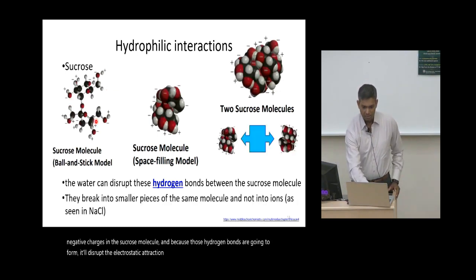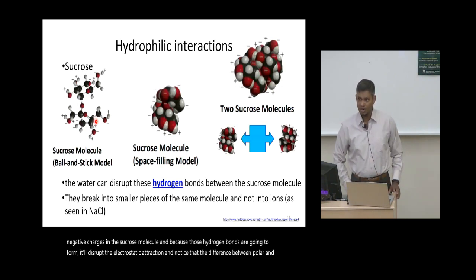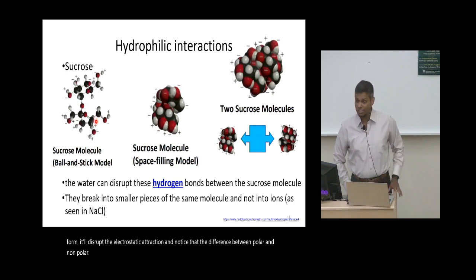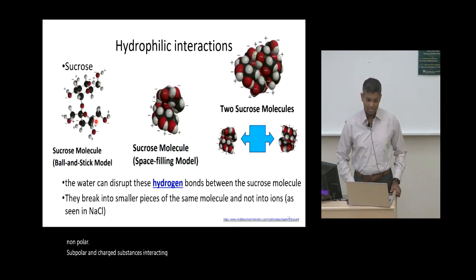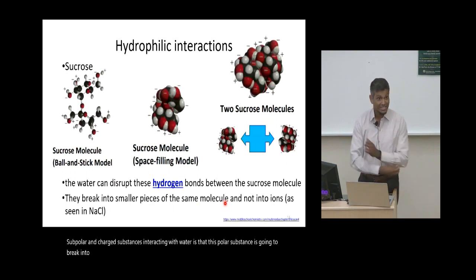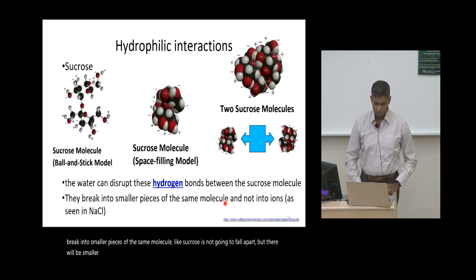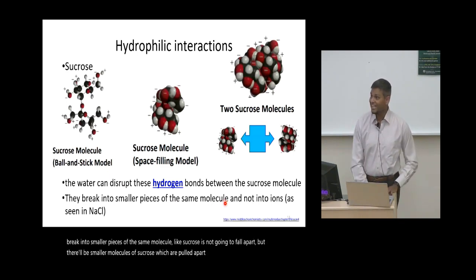And notice that the difference between polar and charged substances interacting with water is that this polar substance is going to break into smaller pieces of the same molecule. Like sucrose is not going to fall apart, but there will be smaller molecules of sucrose which are pulled apart by these hydrogen bonds.